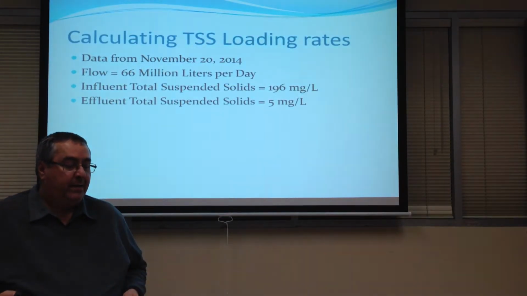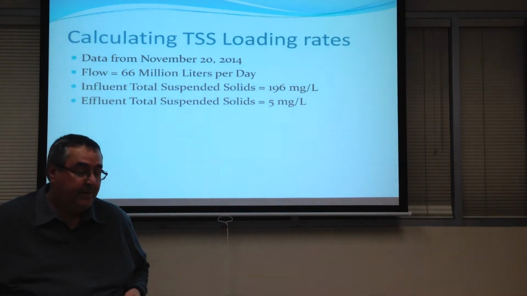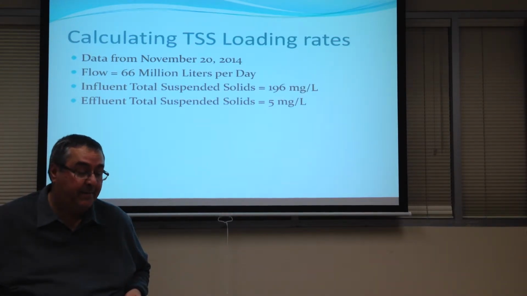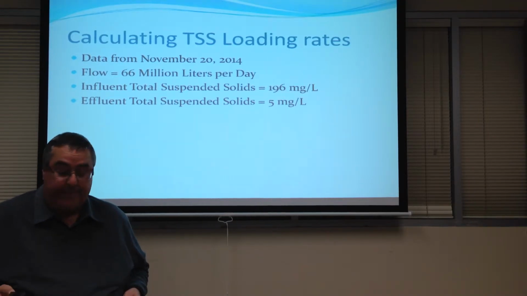So to calculate the TSS in the influent, we take the flow into the plant measured in million liters per day, which happens to be 66 million liters, and we multiply that by the influent milligrams per liter of total suspended solids. It happened to be 196 milligrams per liter that day, and the effluent TSS was 5 milligrams per liter.